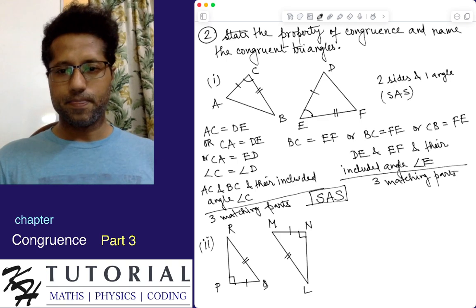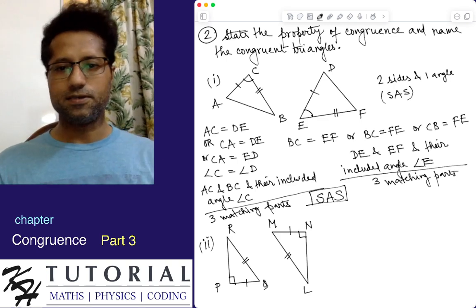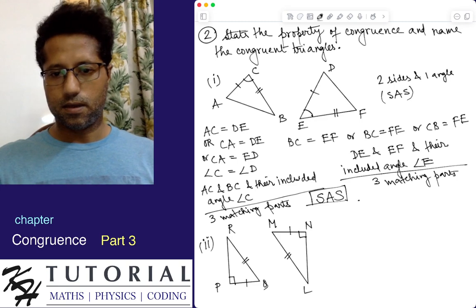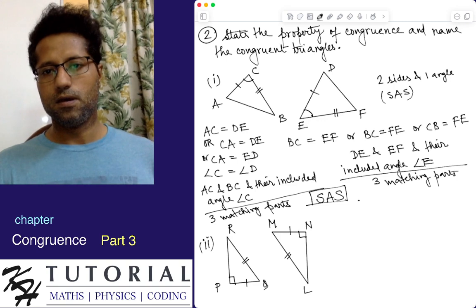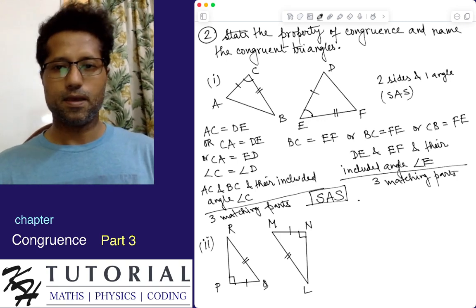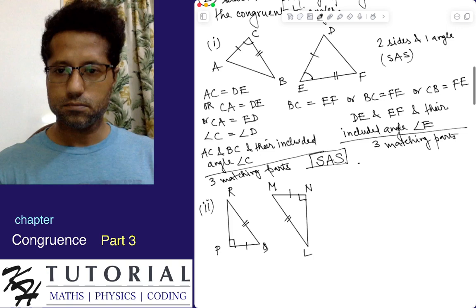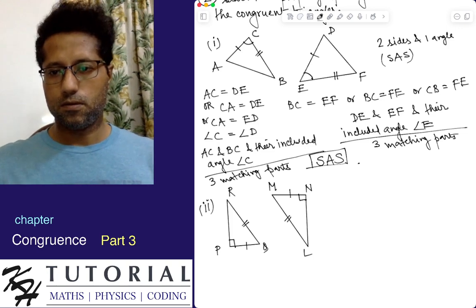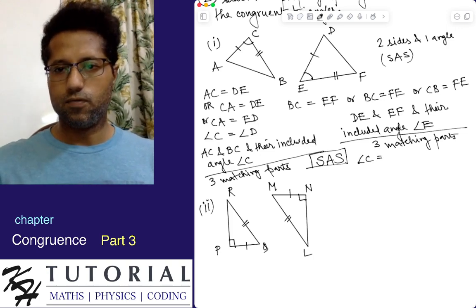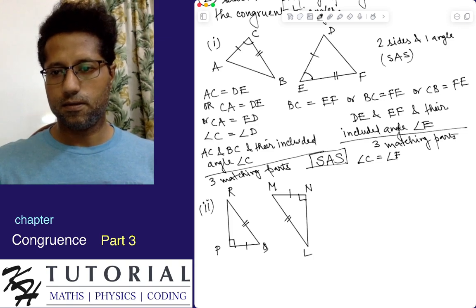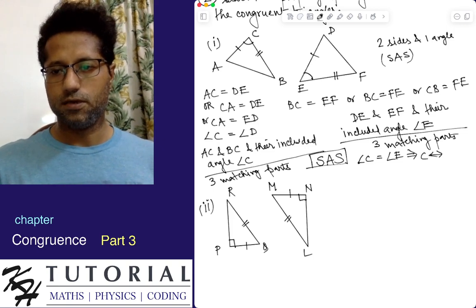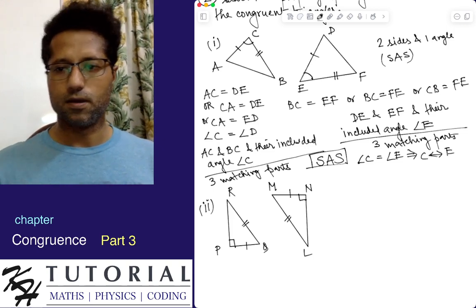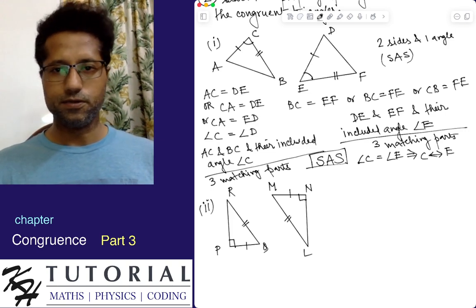So we can see that since angle C is equal to angle E, definitely vertex C will correspond to vertex E. Angle C equals angle E implies that vertex C will correspond to vertex E. How do we get the corresponding of the other two vertices, that is A and B in triangle ABC?